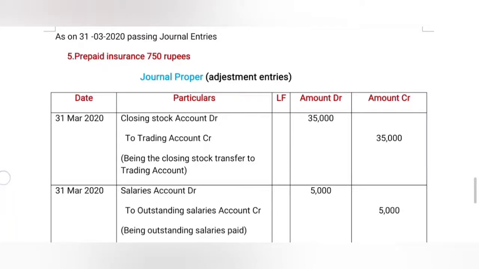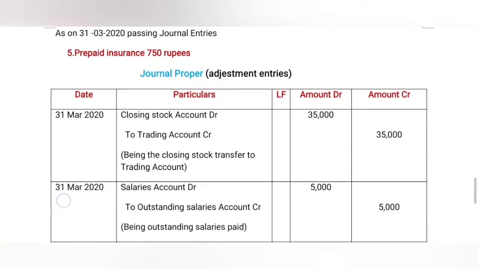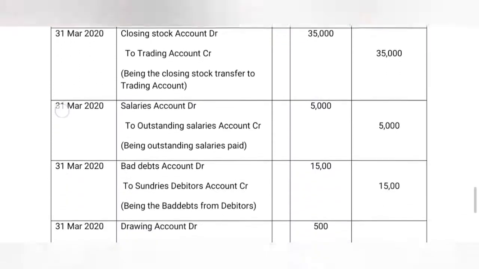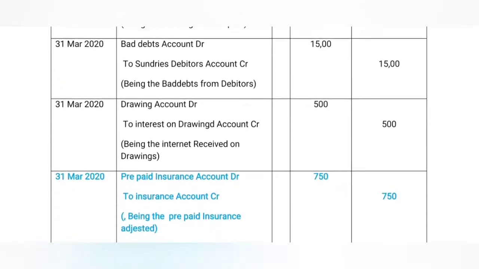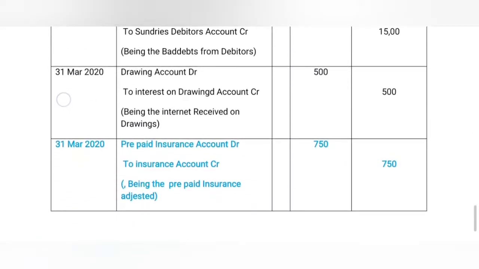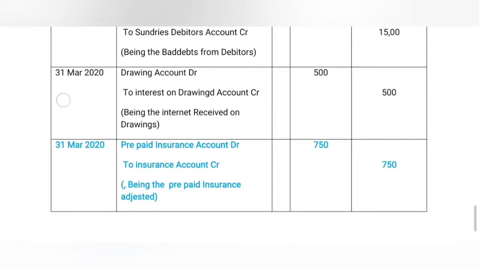Now we are coming to the journal entry for this. Here prepaid insurance account is debit and insurance account is credit. Now coming to prepare the journal for prepaid insurance 750 rupees. Here coming to the date column, 31st March 2020. Now coming to the particulars column, prepaid insurance account debit and to insurance account credit.